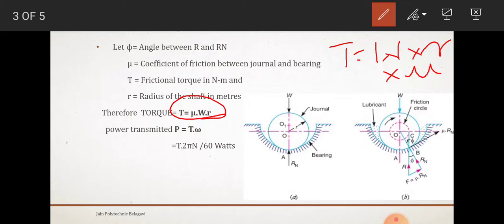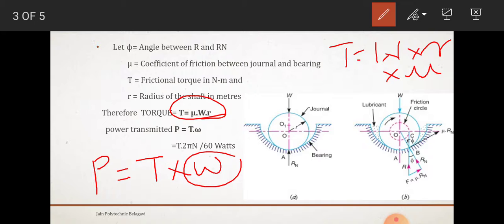If we want to find the power, we simply multiply torque with omega, the angular velocity. If we expand it further, omega is 2 pi N divided by 60, and the power is measured in watts.